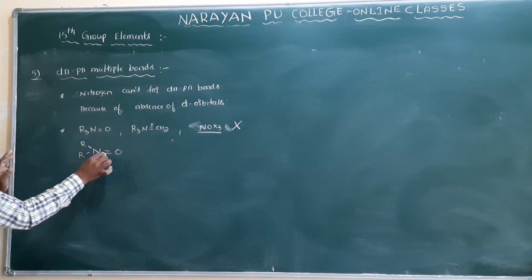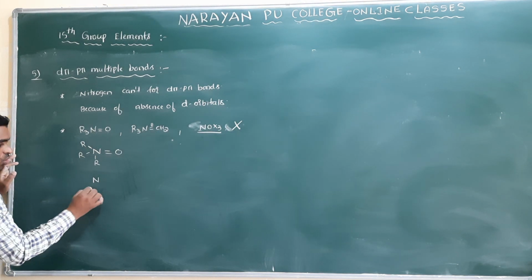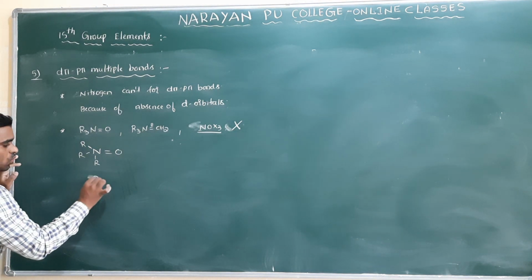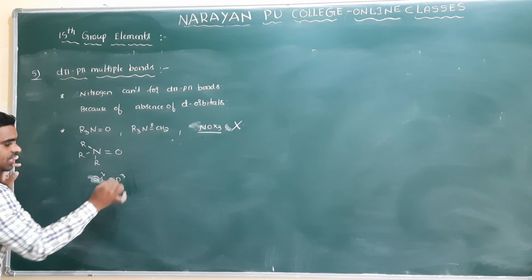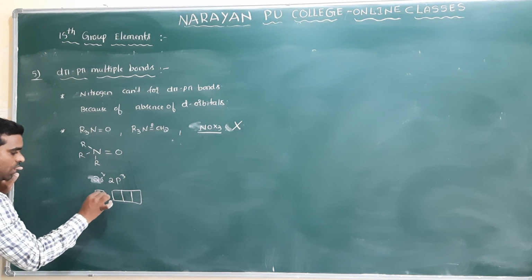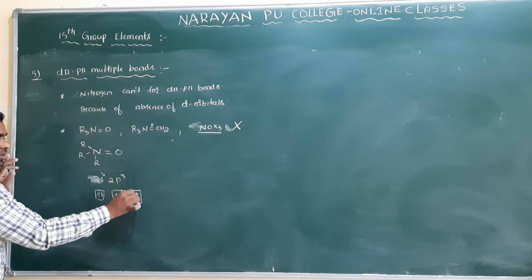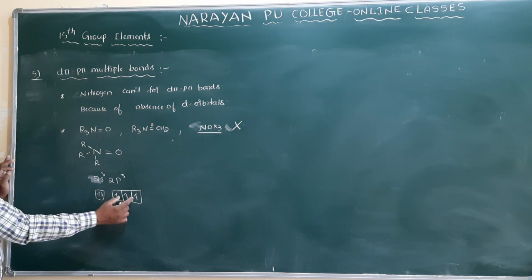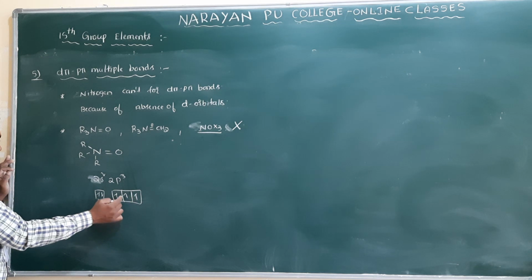Just assume nitrogen has 2s2 2p3, with 3 unpaired electrons in the p orbitals. When unpaired electrons are there, they are involved in bond formation.